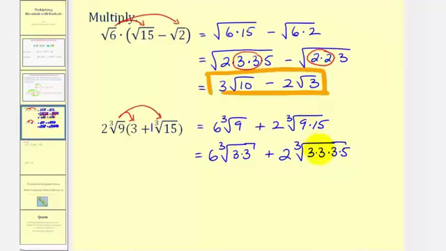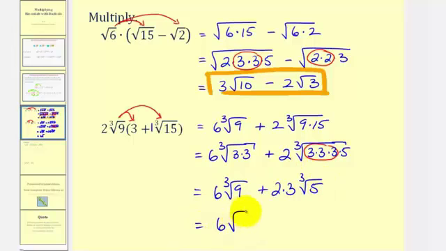Notice here we do have a perfect cube factor of 3 cubed. So we have 6 times the cube root of 9 plus, here the cube root of 3 cubed is 3, so we have 2 times 3 times the cube root of 5. So this is 6 cube root 9 plus 6 cube root 5. Remember, we can't combine these radicals because the radical part is not the same.